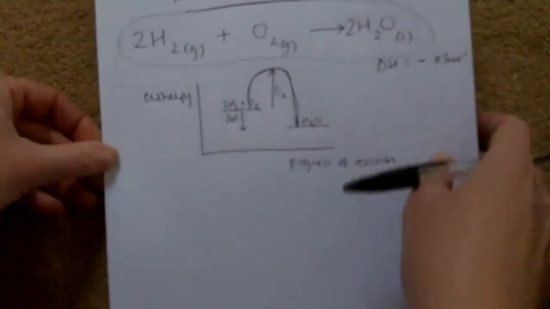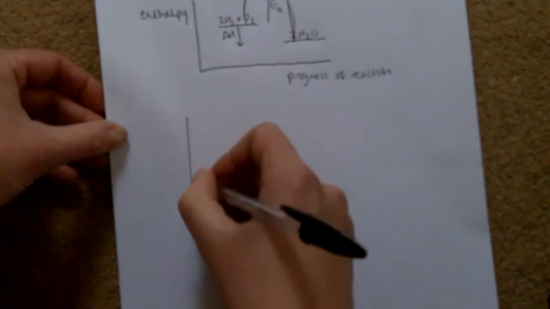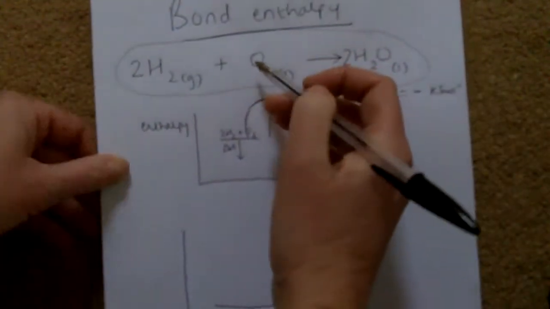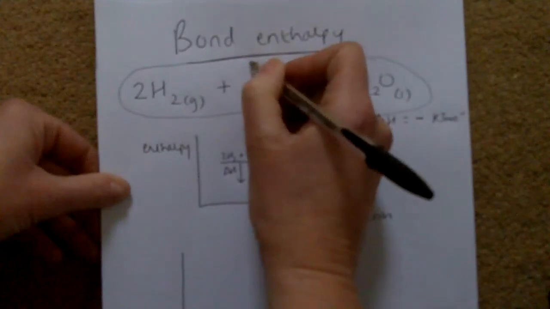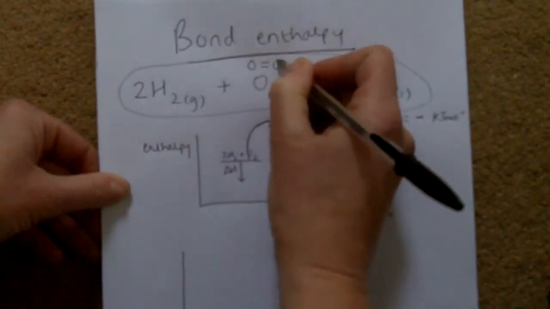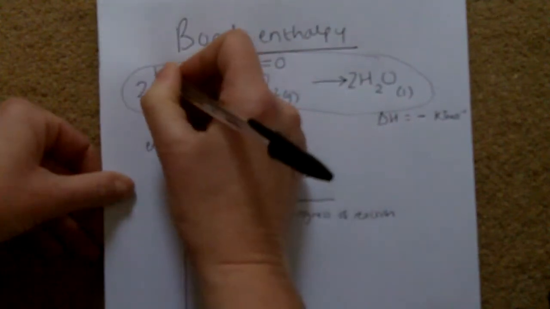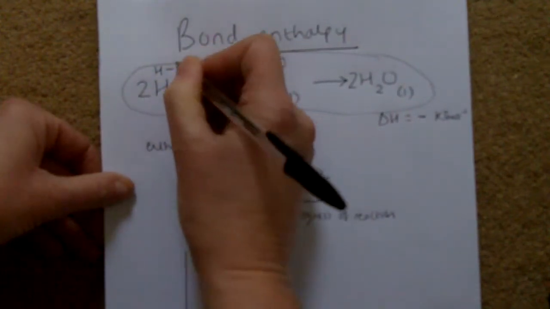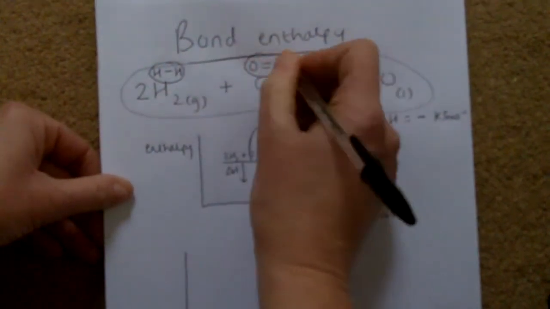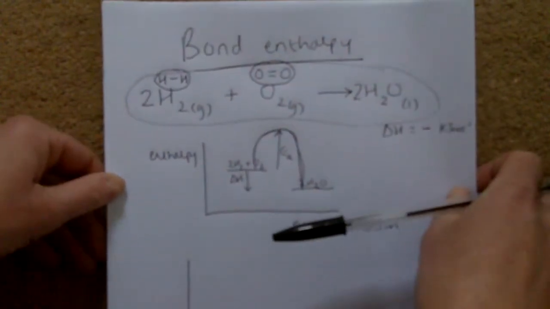If we look at it simply, we've got our reactants, and remember that oxygen is actually a double bond. It goes around as a diatomic molecule. And hydrogen is a diatomic molecule too, just a single bond.